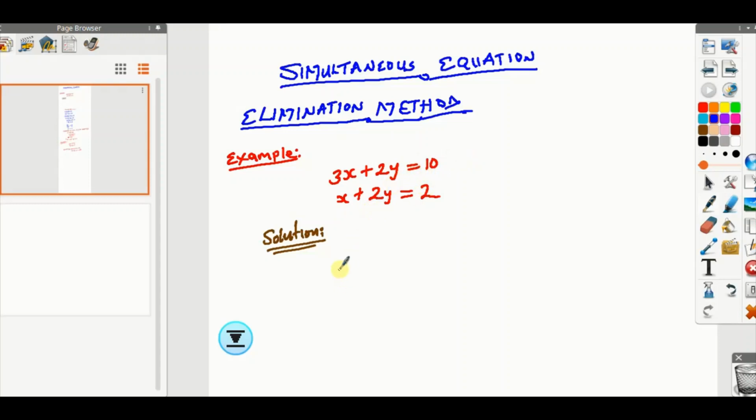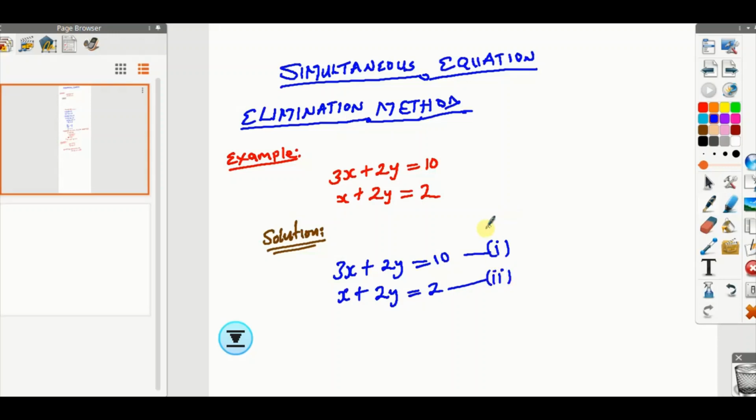Let's write our question back. We have 3x plus 2y equal to 10, and we have x plus 2y equal to 2. We call this equation 1 and this equation 2.